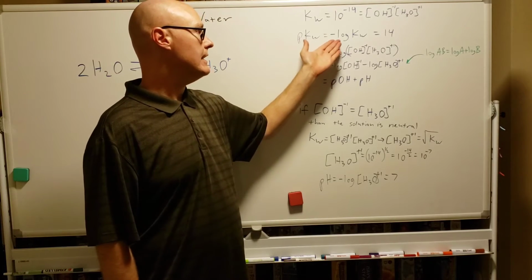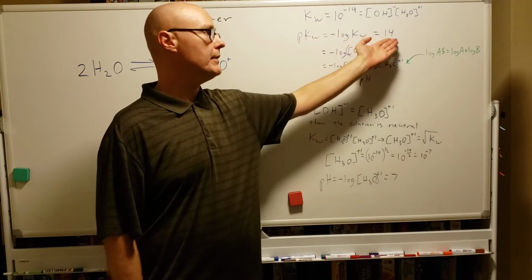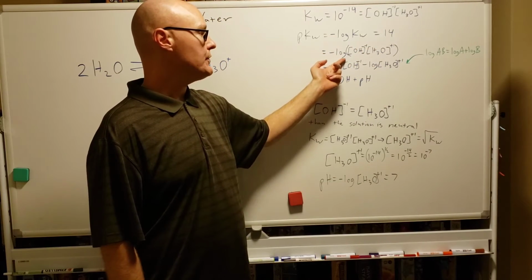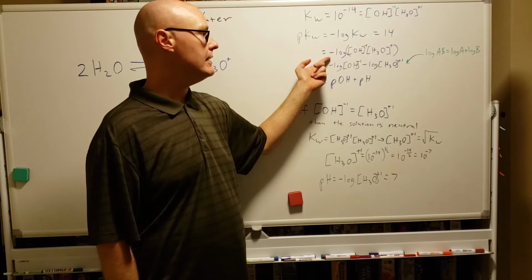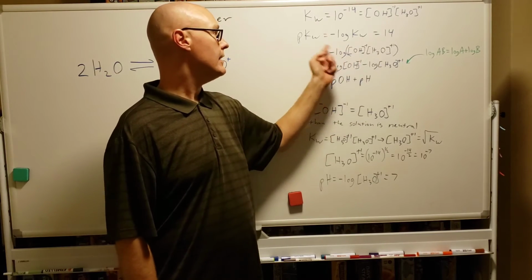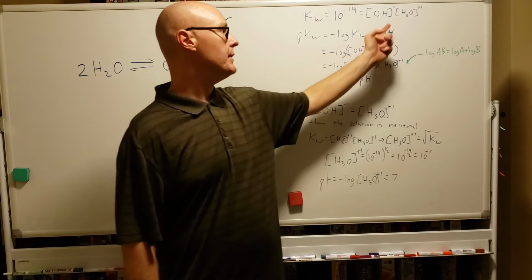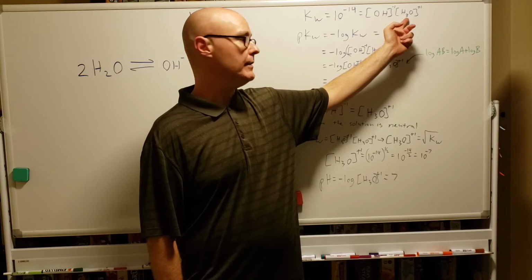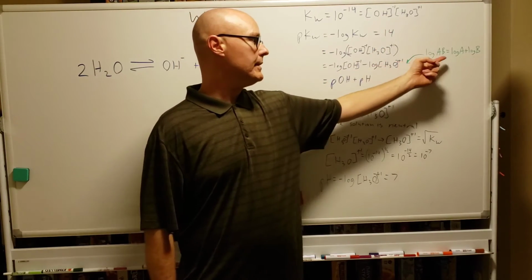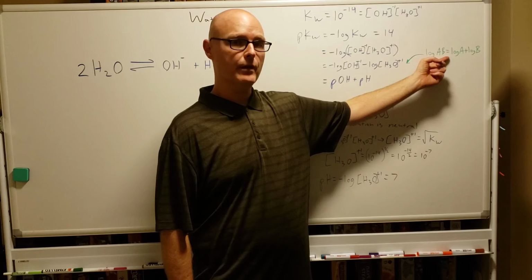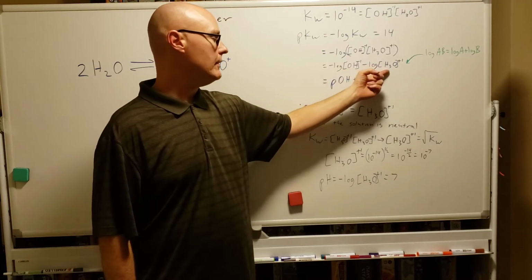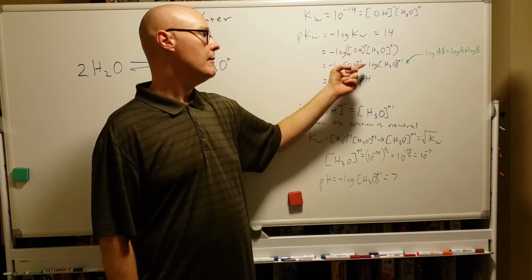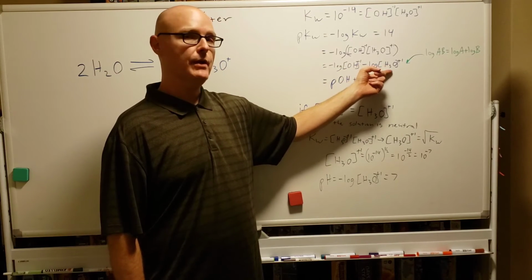If I take the negative log of this number, I end up with 14. I can also do some math here to say the negative log of the ionization constant, substituting in the concentration of hydroxide multiplied by the concentration of hydronium. Use the properties of logs, the product rule of logs. I can split this out, so I have negative log of the concentration of hydroxide minus the log of the concentration of hydronium.